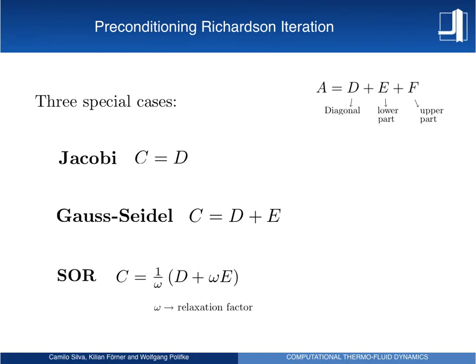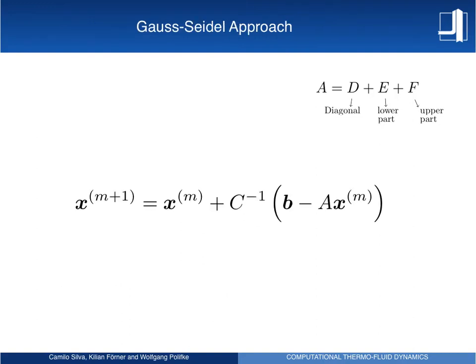This is the SOR method, the successive over-relaxation method. So if we apply the Jacobi iteration here, this is the Richardson iteration, so we have to give to this for loop this quantity.